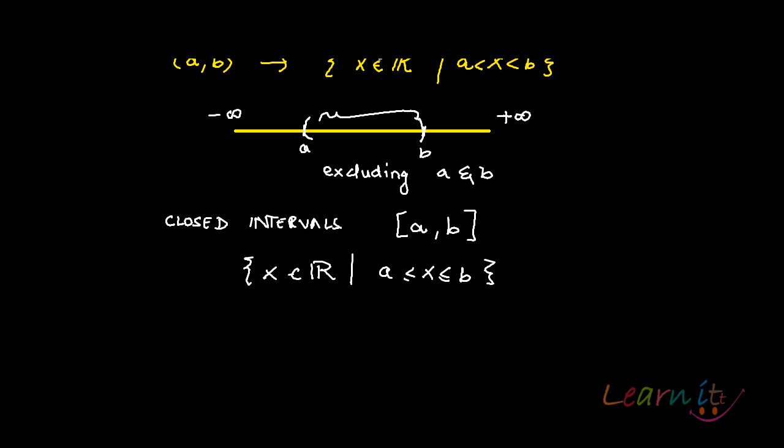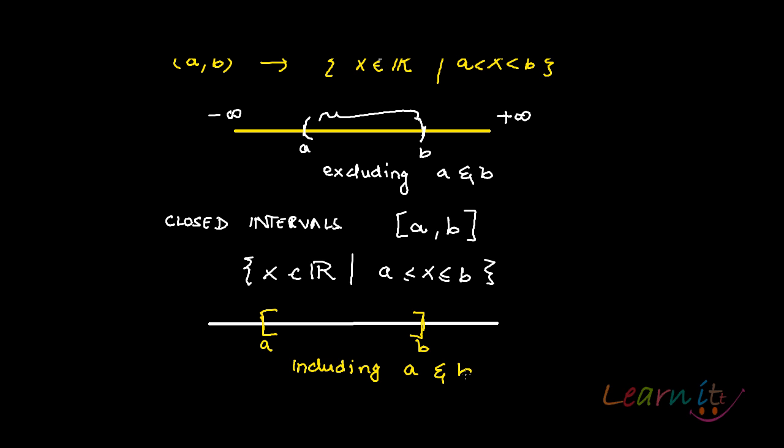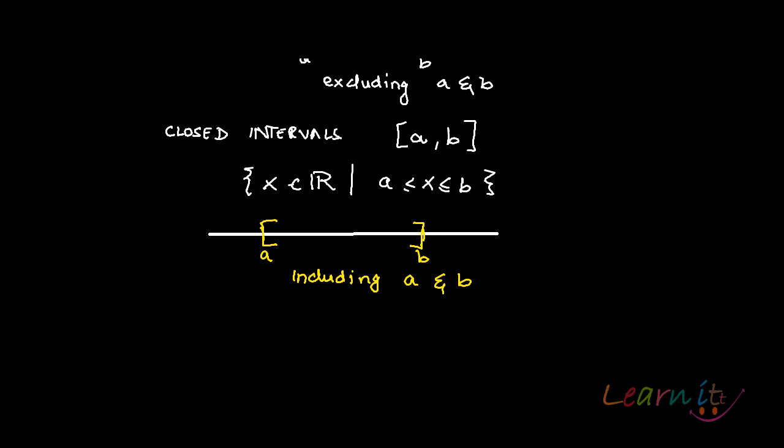But in the open interval, we were excluding A and B. Here this is the number A on the number line, this is the number B. When I'm talking about a closed interval, I am including A as well as B in this interval. So it also includes the endpoints.